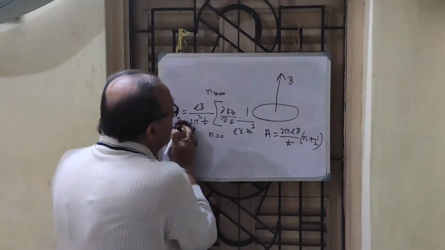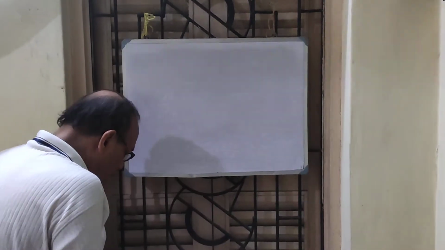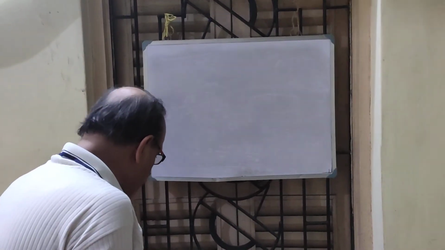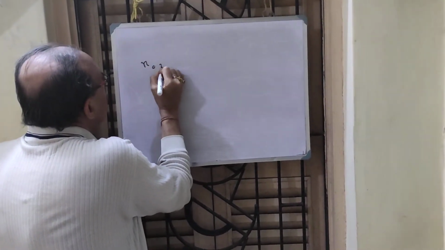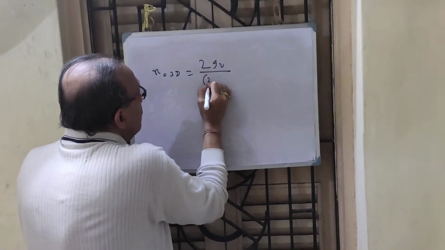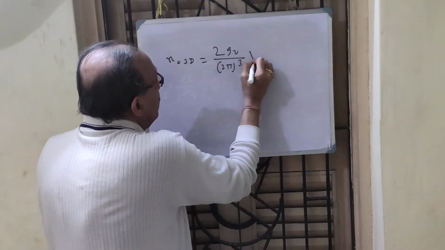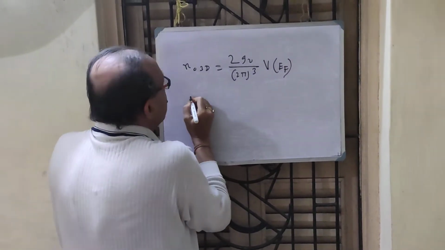Next comes a very important thing, electron concentration. Electron concentration in 3D is 2 gv by 2 pi whole cube VEF, volume at Fermi energy.